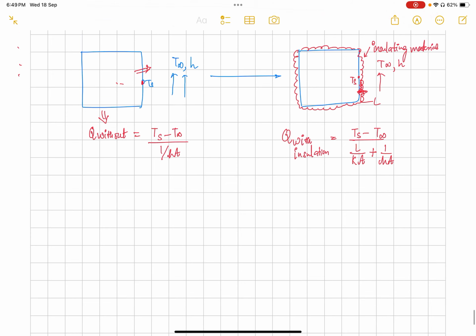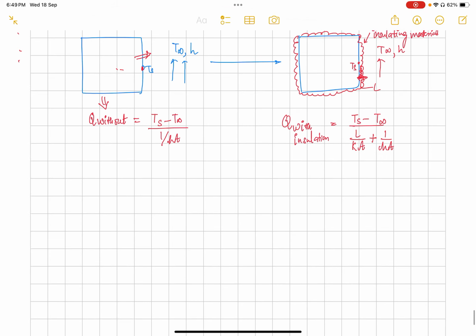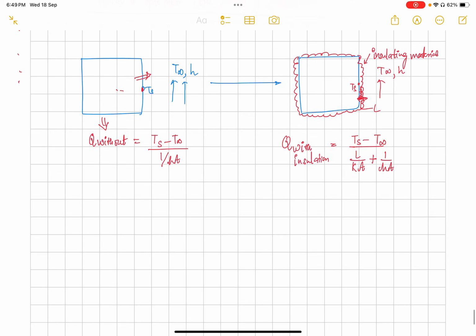So we see that if we put the insulation on the outside surface, the resistance increases if we have the same area before and after insulation. Because of this insulation, the total resistance increases. As a result, heat loss decreases. So we are insulating to reduce the heat loss, right?